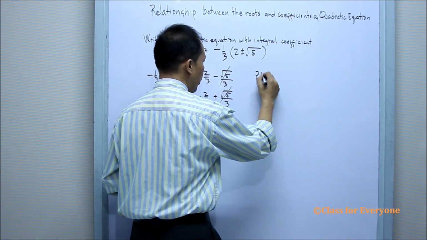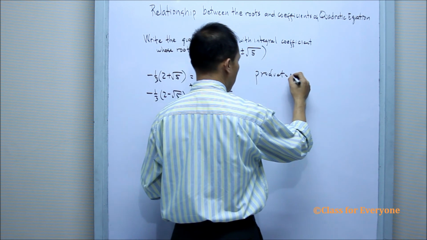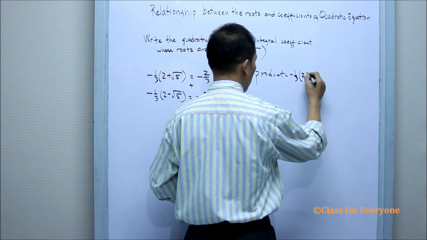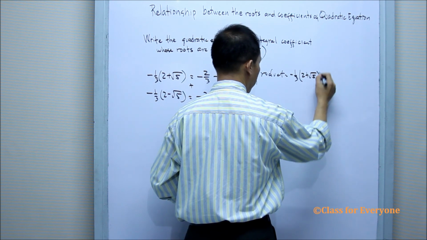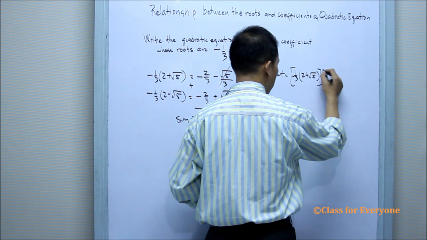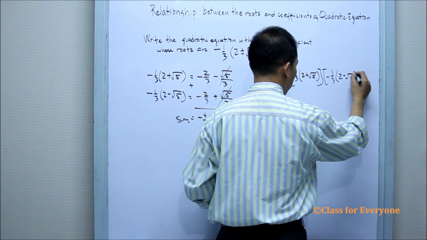Now, if I'm looking for the product, this is negative 1/3 times 2 plus the square root of 5, and then the second root is negative 1/3 times 2 minus the square root of 5.